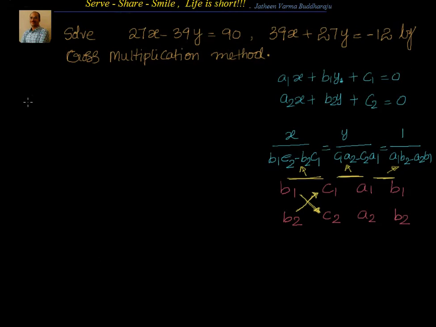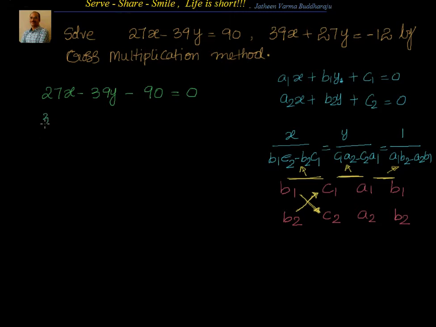I will write down the equations in the form a1x plus b1y plus c1: 27x minus 39y minus 90 equal to 0.